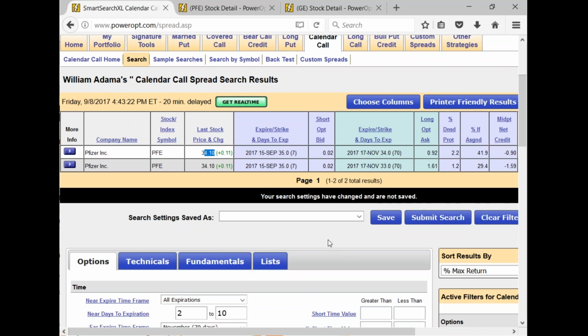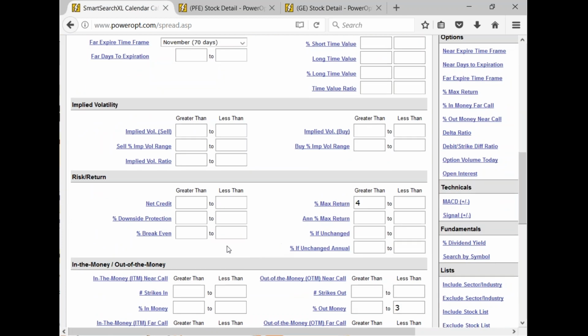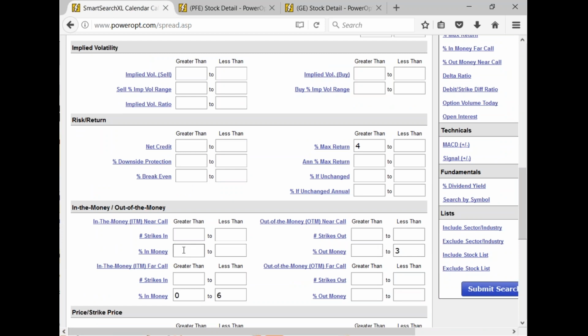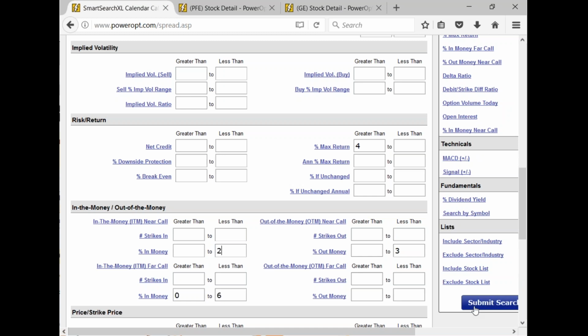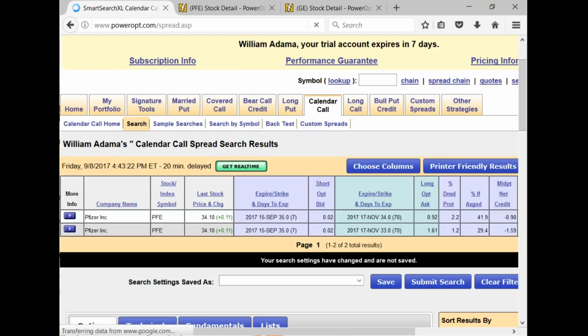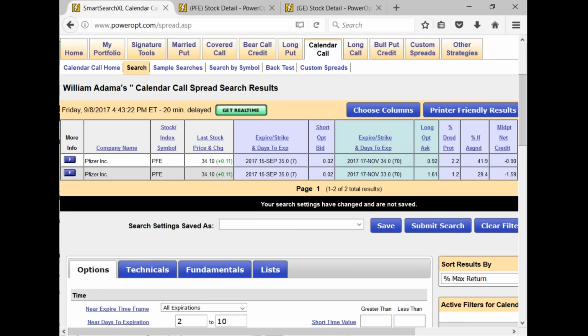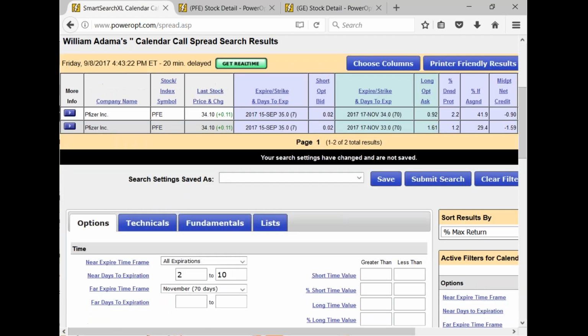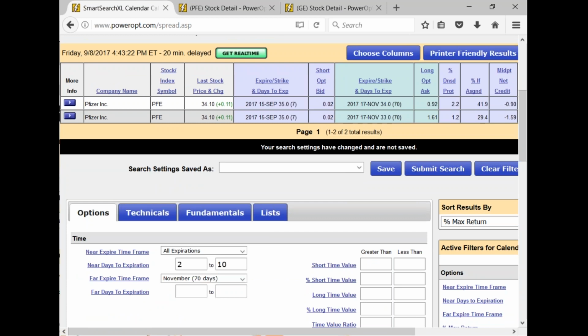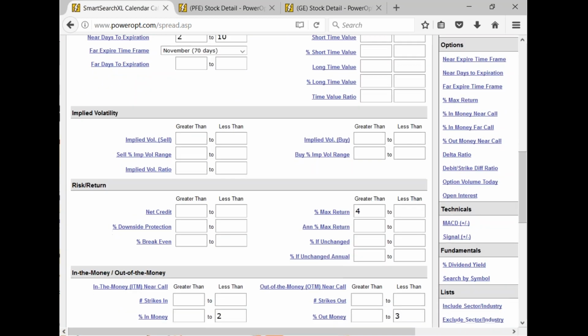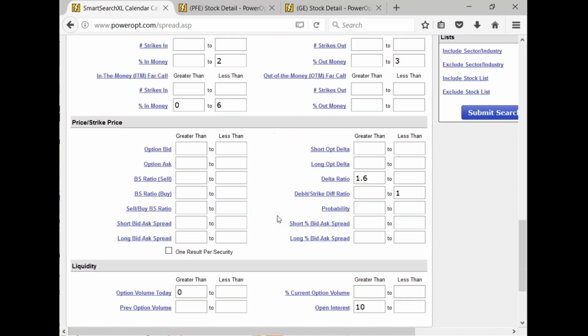I can go slightly in the money, so I don't think I need to allow that, but let's go ahead and allow it. So no more than 2 in, no more than 3 out. Should be giving me the 34s, unless we're not seeing a 4% return, which I think is impossible. I still think we'd get some return.